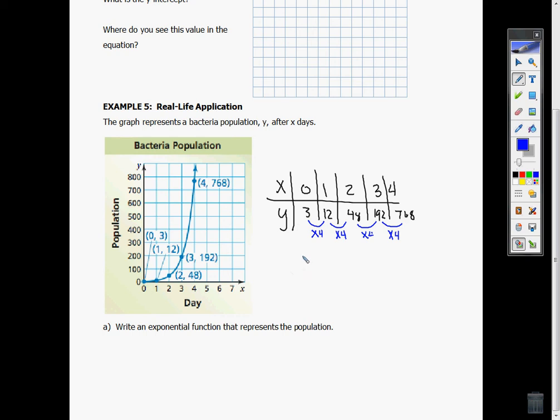So if we look at the form y equals ab raised to the x, we have all of the information we need. Y equals the y-intercept 3 times the common factor 4 raised to the x. This is all that we need to create our function.